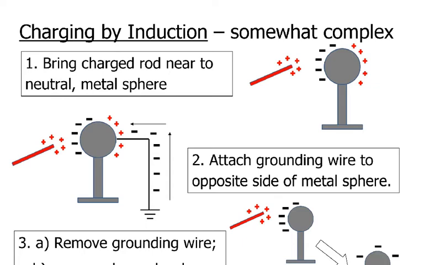If you bring this rod nearby to the metal sphere, then the extra electrons that can move around on this sphere, because it's metal, so it has some free electrons that can move, they're going to cluster over here by the positive. They'll just move over to this side, right? And that's going to leave a positive charge on the other side. Nothing's actually moved off of this sphere. They've just moved over to this side because they're attracted to these pluses. So they want to get as close as possible to those.